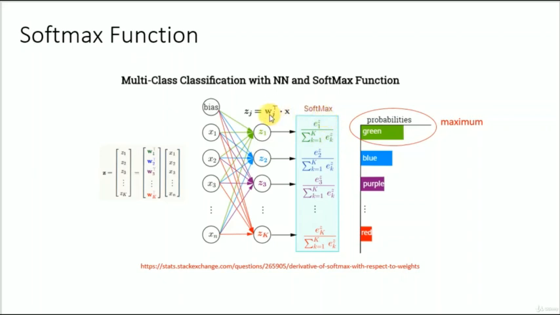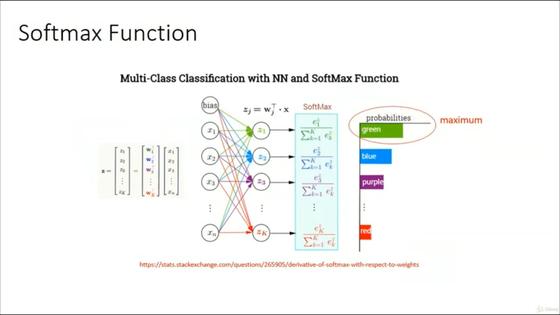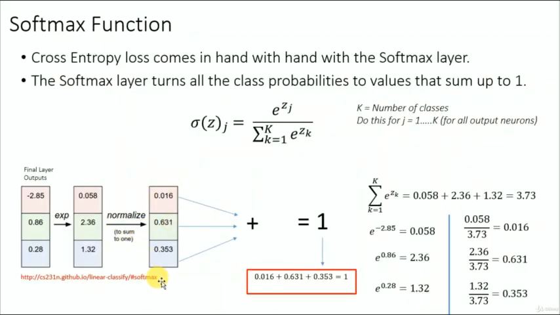We do this for all the output neurons, and we get a probability distribution of our predictions. And then by taking the maximum of these probability distributions that sum up to 1, we get the predicted value. So this, for example, green is the maximum value of the probability distribution right here. Therefore, we consider green as the correct prediction. So if we go back to this example, then what's the maximum value here? It's 0.631, and therefore we consider this as the correct prediction.